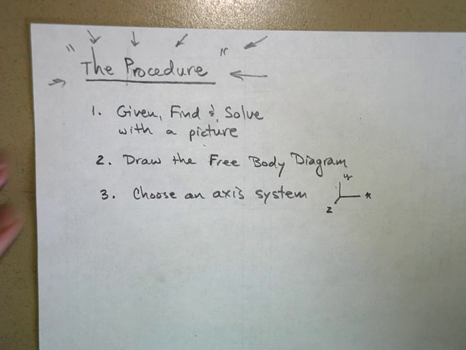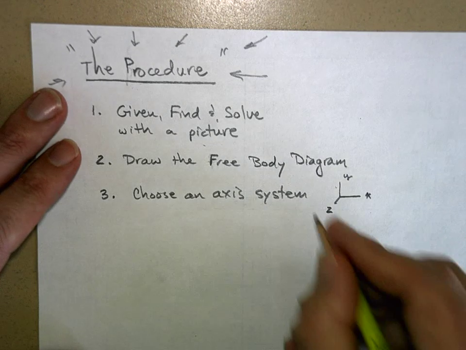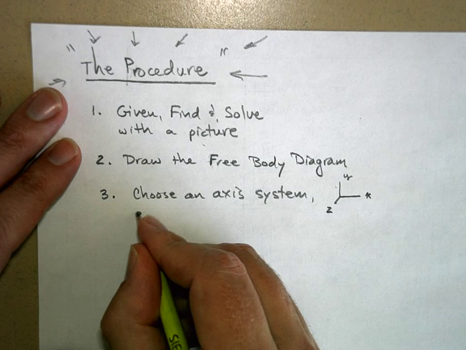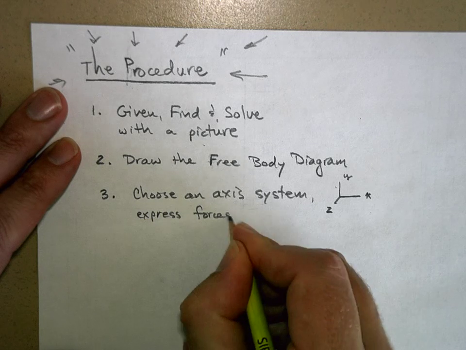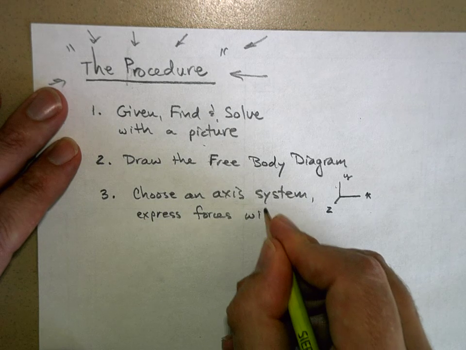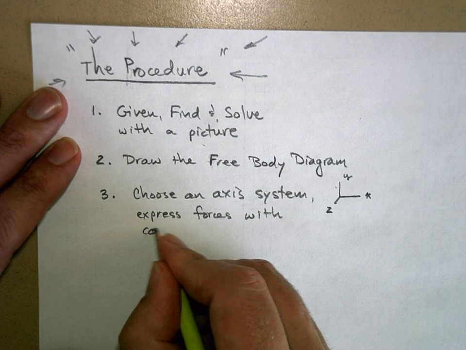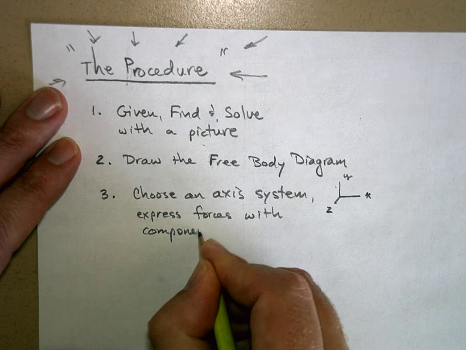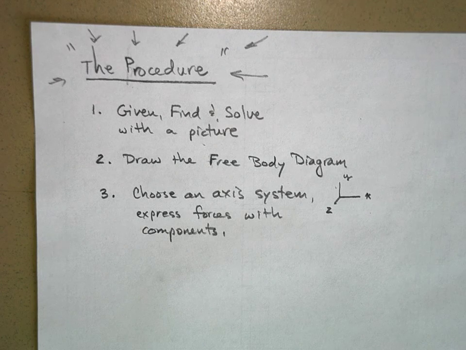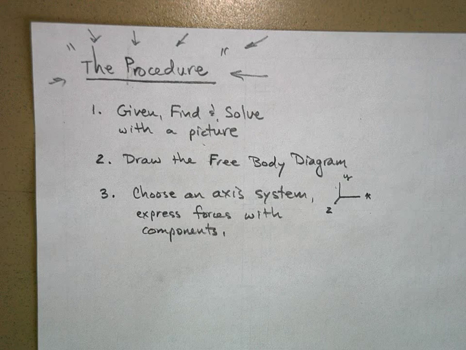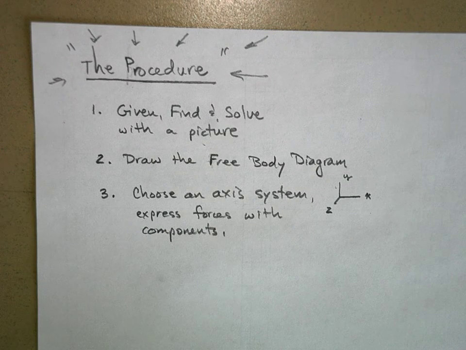Choose an axis system, and then express forces with components. So after you've drawn the free body diagram, you're going to choose your X and Y axis system, and then all the forces that are acting on your object, you're going to break them up into their X and Y components, if they have any. Okay?